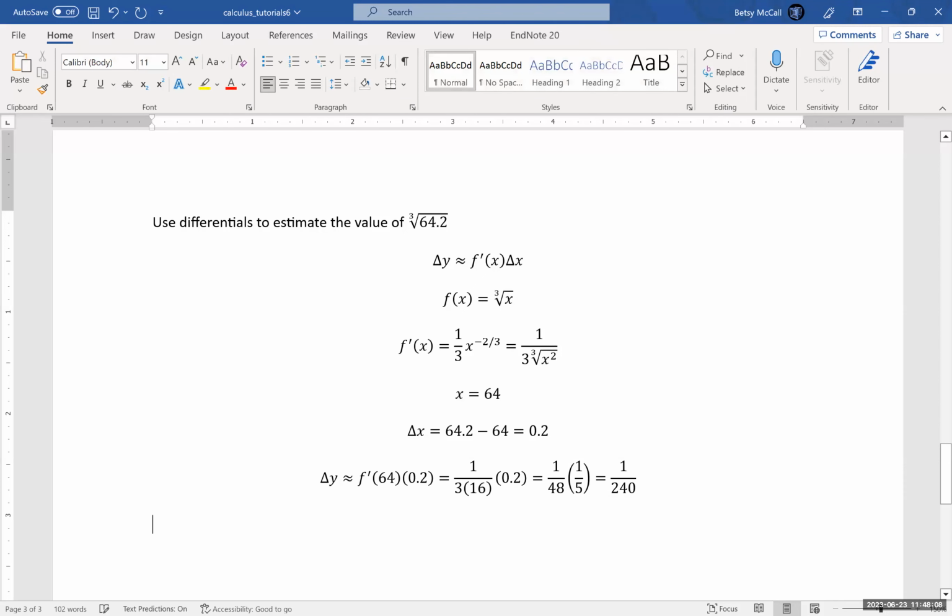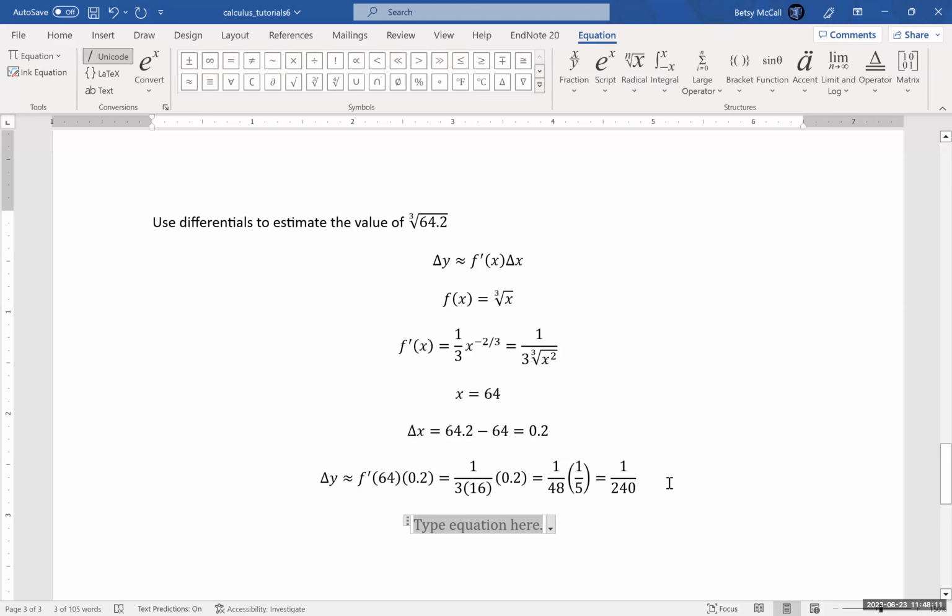And then to estimate y, essentially what we're going to say is this is going to be approximately the cube root of 64, so the value we're doing the approximation from, plus delta y.